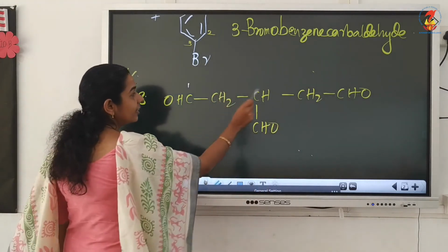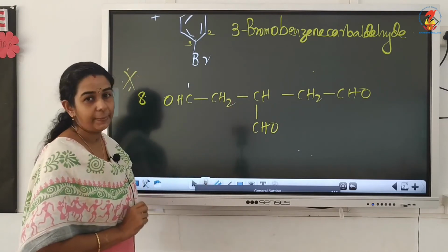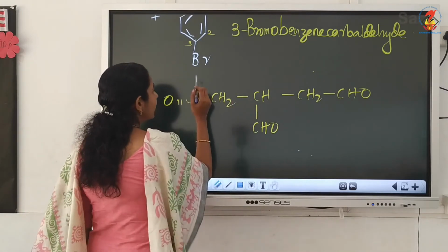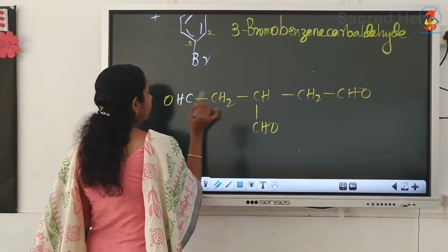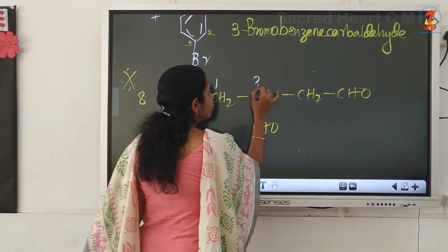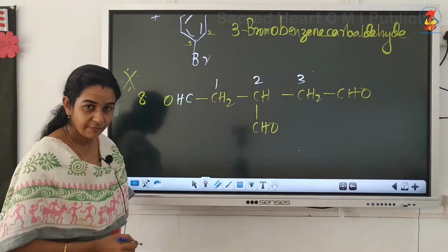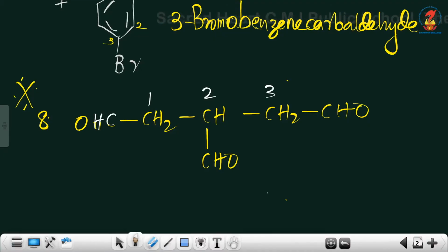So, consider the other carbon atoms as the parent. So, we have to give numbers only here 1, 2, 3. So, the name will be, 1, 2, 3 means word root is prop. Those 3 carbon atoms are singly bonded, so it is propane.